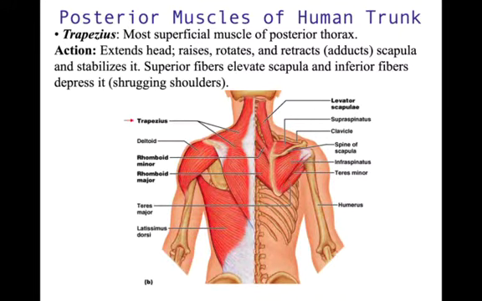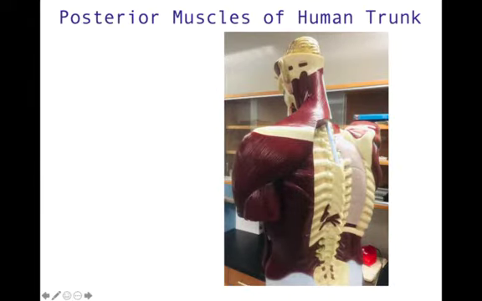In the gym, when you have your dumbbells off to your side and you're bringing your shoulders up, you're working out your trapezius muscle. Here we see this large muscle, some of it actually removed, but it extends all the way down here. This would be considered the trapezius.